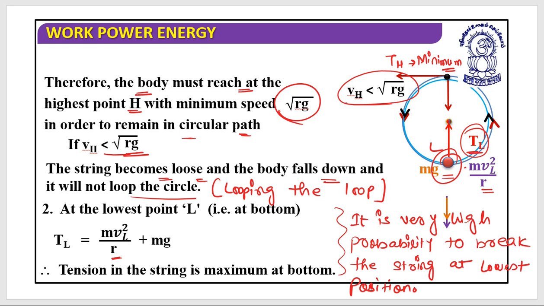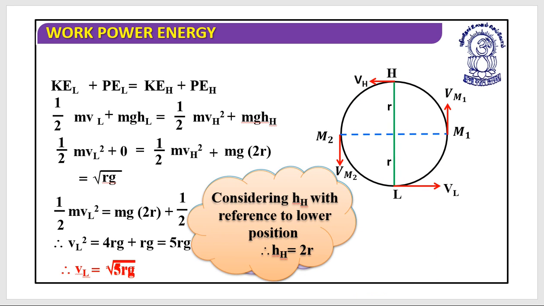Now let's check and calculate using energy conservation. Through energy conservation, what should be the velocity at L? I'm going to write that total energy at location L is equal to total energy at location H. Total energy at the lowest position is equal to total energy at the highest position.